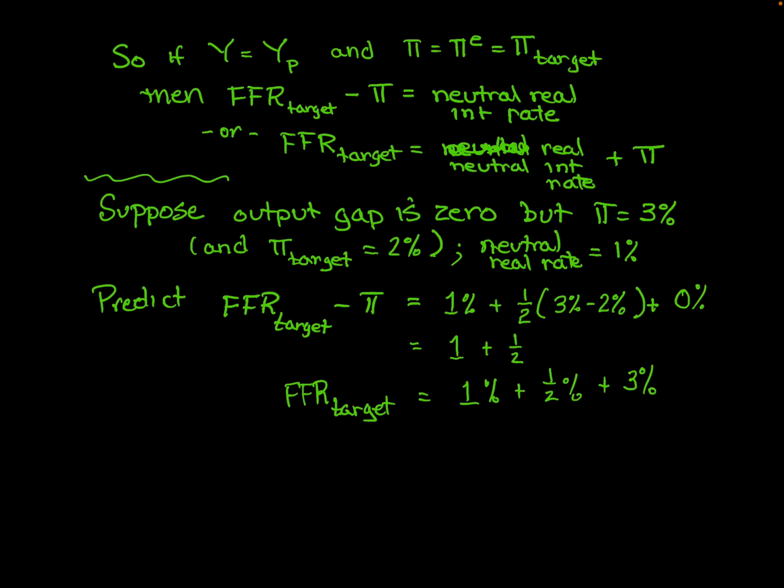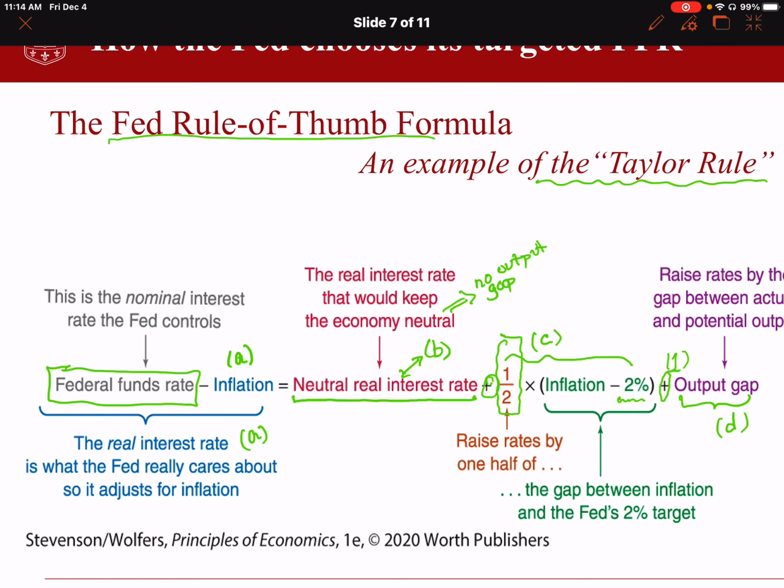So I just brought the pi over here. So this would be what, 4.5%, right? So that's how we would figure out what we would at least predict that the Fed might do. So based on this, let me pause and give you an opportunity to practice.